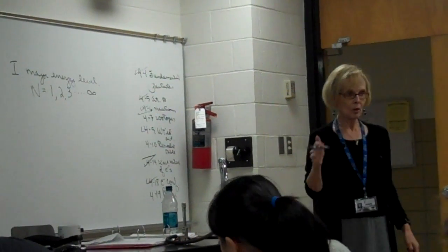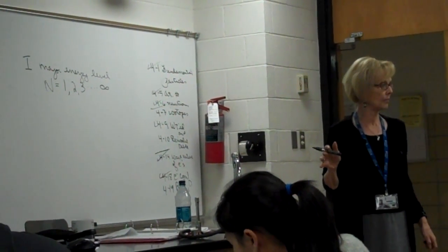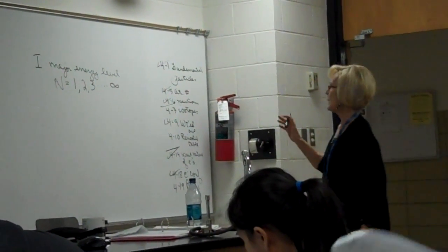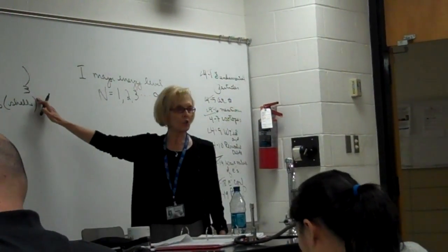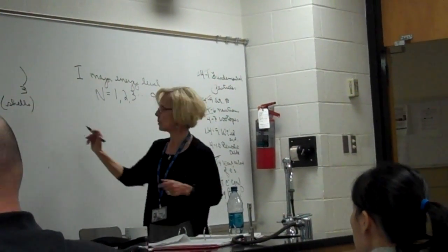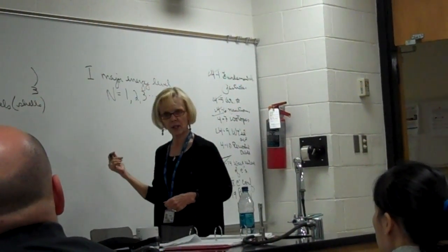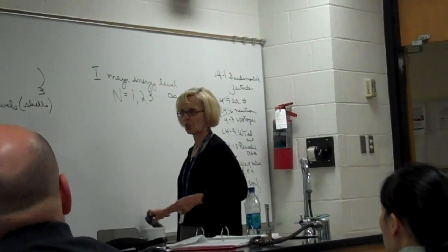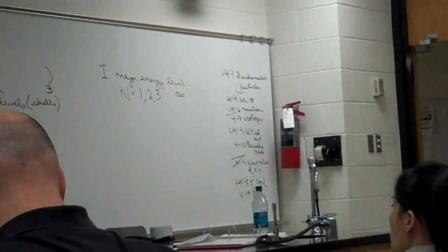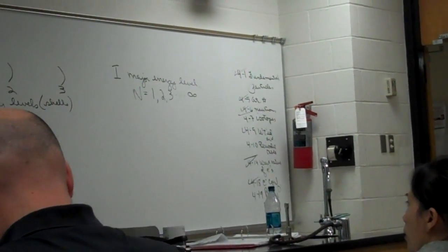In reality, it only goes to about 5 or 6. Okay? So, major energy level. Now, it's been found there's a maximum number of electrons that can fit on any particular major level. And we talk about this idea.